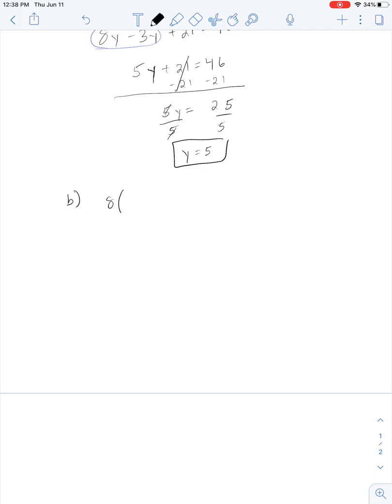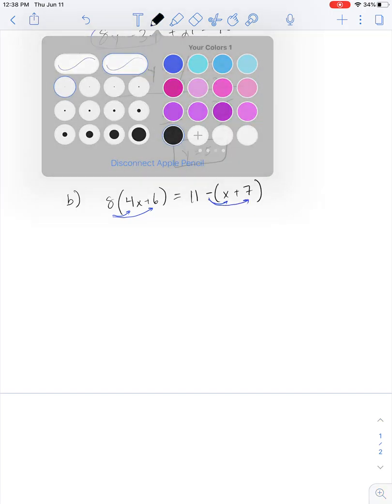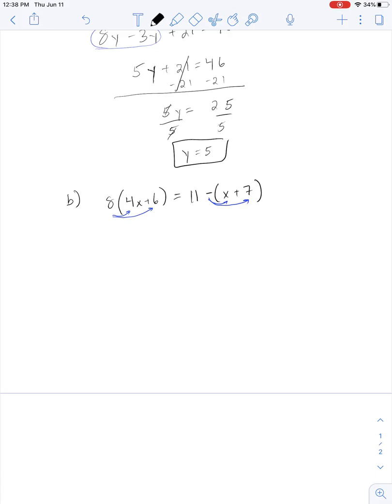We have 8 open parentheses 4x plus 6 close parentheses equals 11 minus open parentheses x plus 7 close parentheses. Once again, anytime we have an equation and we have parentheses, we want to get rid of parentheses, so we distribute. All right, the same thing, this negative, we're going to distribute. 8 times 4 gives us a 32x.